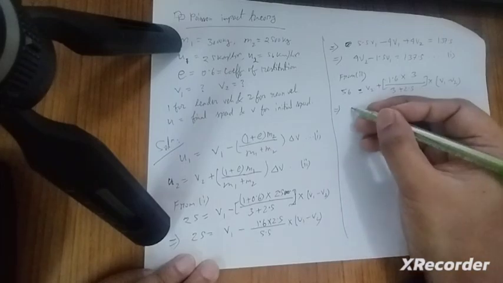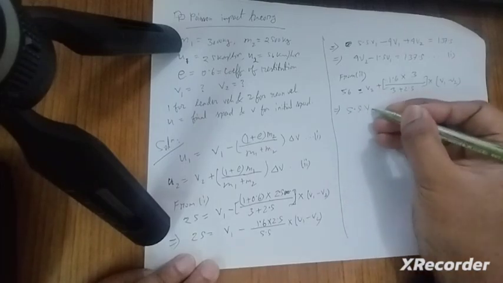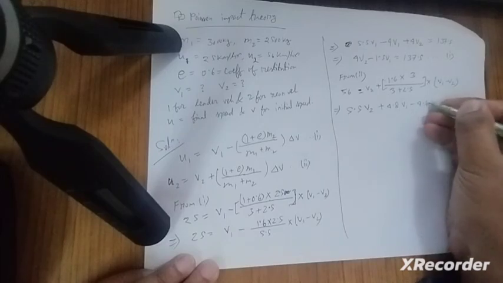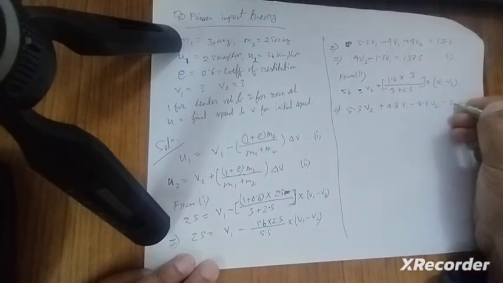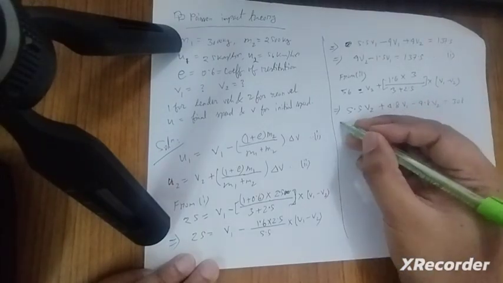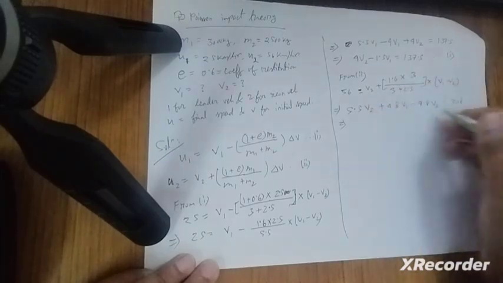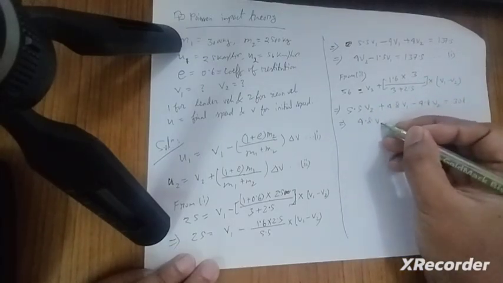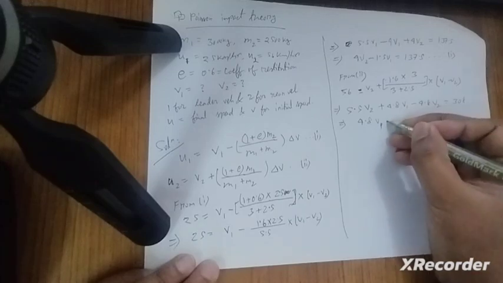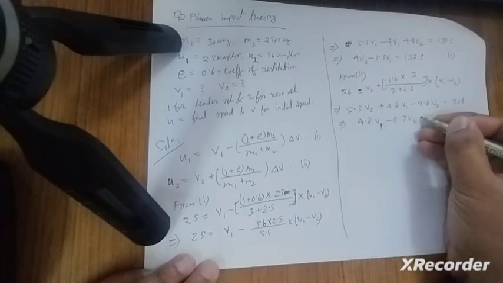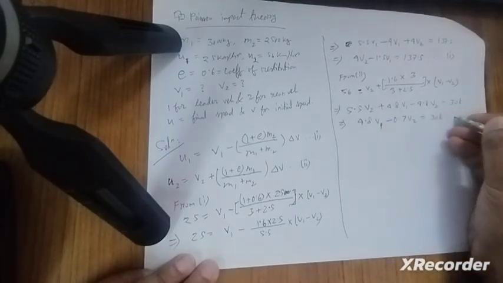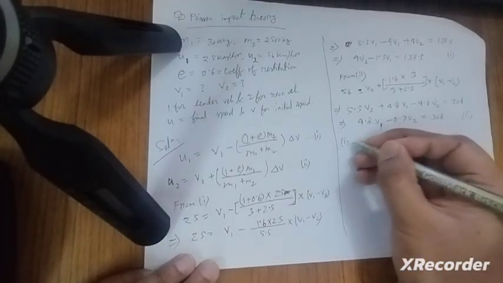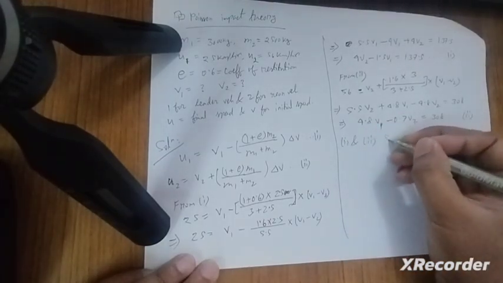Changing the side, we can write 5.5 v2 plus 4.8 v1 minus 4.8 v2, and this value will be calculated as 308. Calculating the algebra, we get 4.8 v1 minus 0.7 v2 equals 308. This is equation 2.